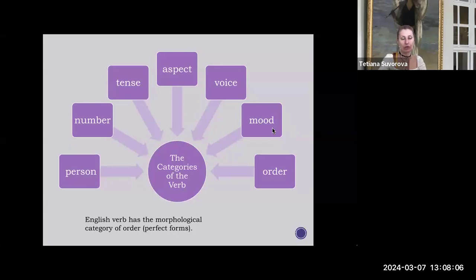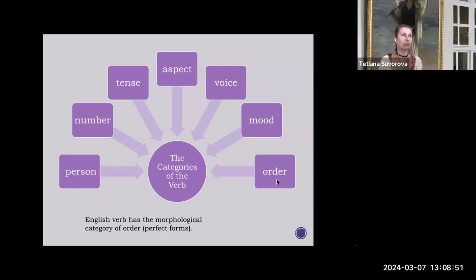So this is all about the mood, and then the category of order. That is how we organize everything in the sentence. Once we have several verbs, we should know how to organize them and which form to choose out of around 45 forms of the verb in English. In Ukrainian there are a lot more, because we have these endings specifically expressing person and number, and each group of these characteristics can be expressed within the ending.